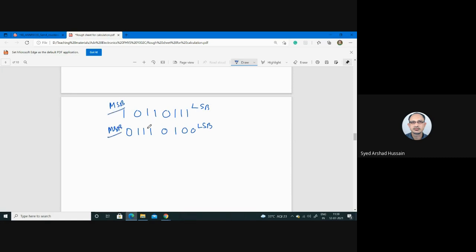So two inputs applied simultaneously to a negative edge trigger JK flip-flop at J and K are this one and this one, respectively. Write the Q output corresponding to each of the J and K input bits. Draw the timing signal. Assume Q initially reset.